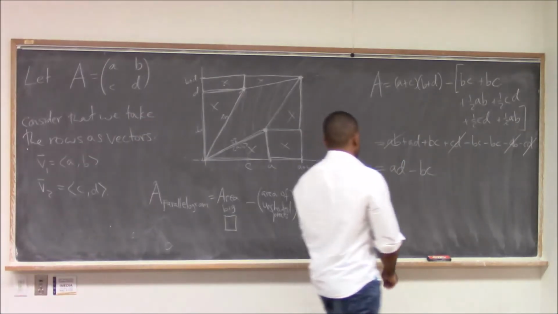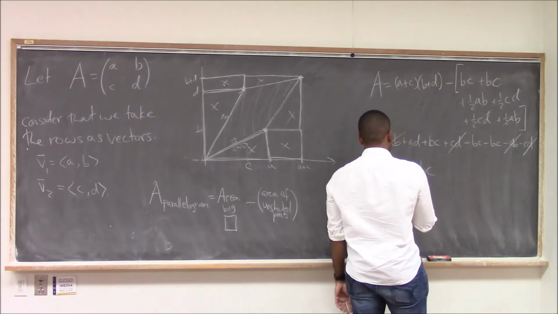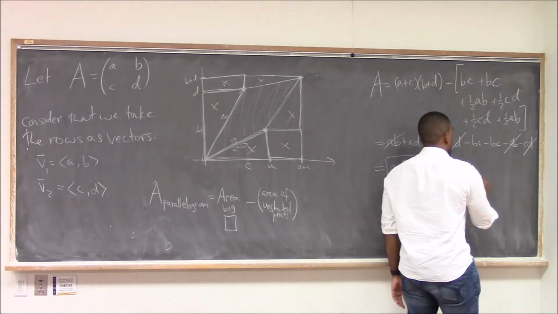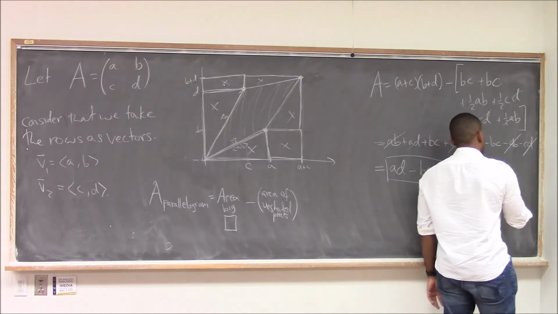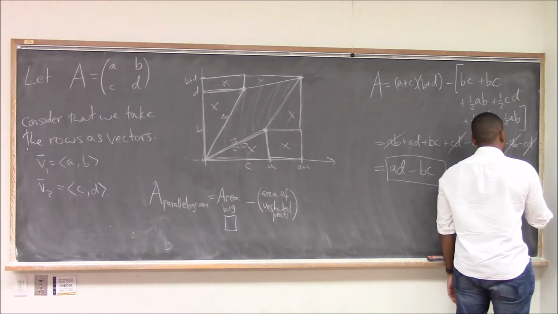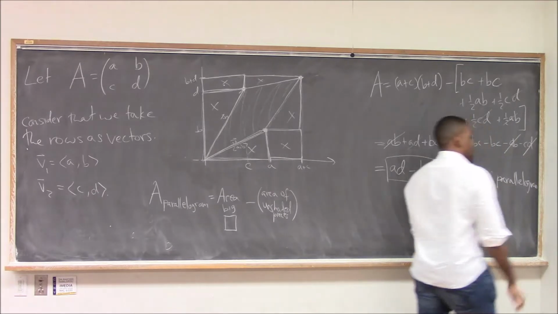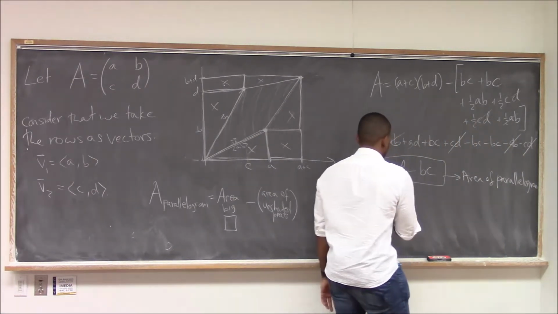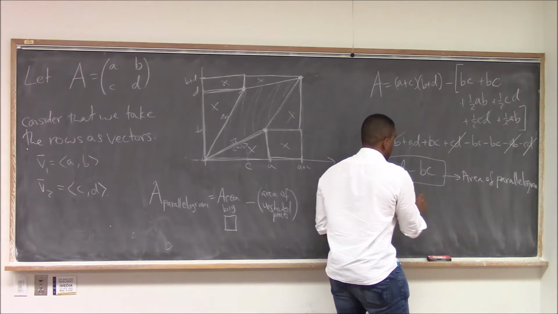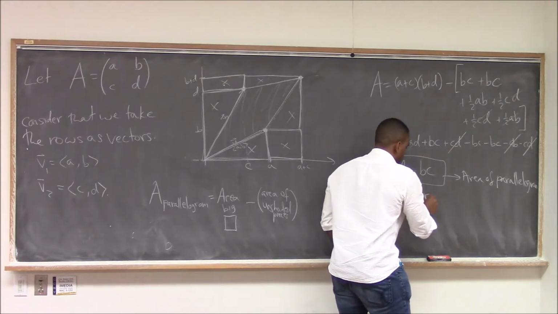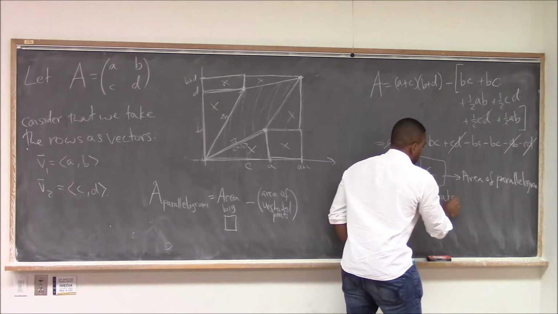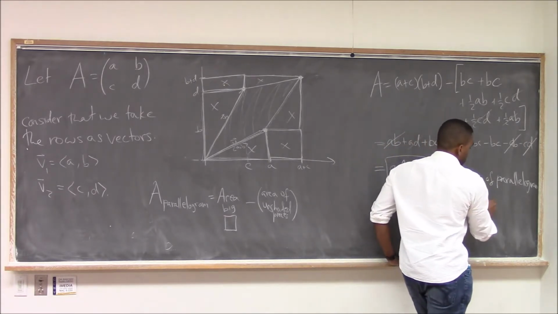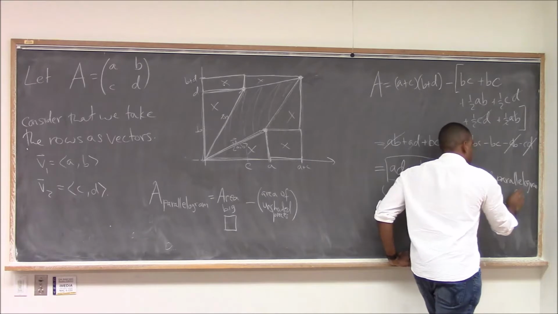Okay, so this guy here is the area of the parallelogram. One thing I want you to note, it's more accurately its magnitude, AD minus BC, that is the area of the parallelogram.